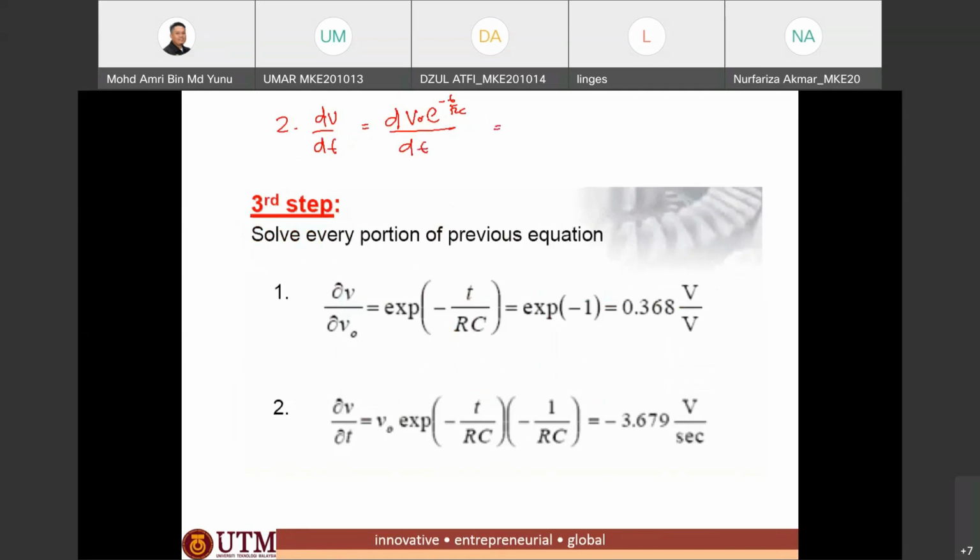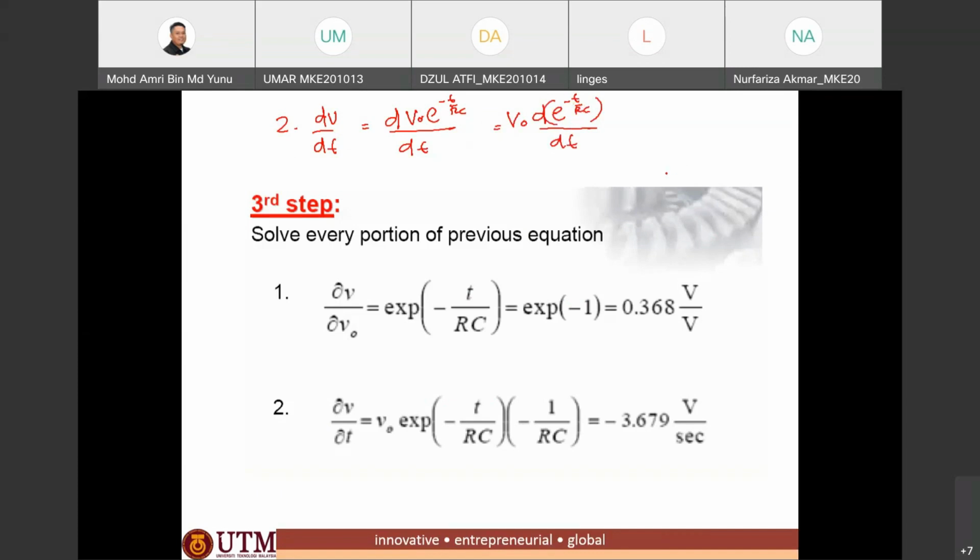So we can bring the dependent variable Vo out, and d exponent negative t over RC over dt. So we need to differentiate this exponent term.